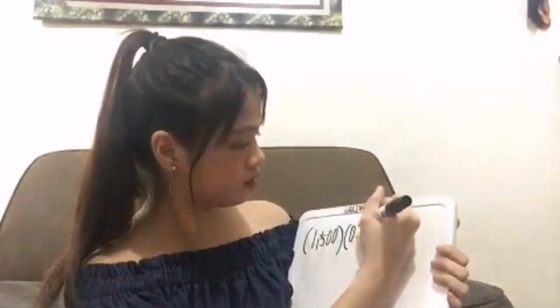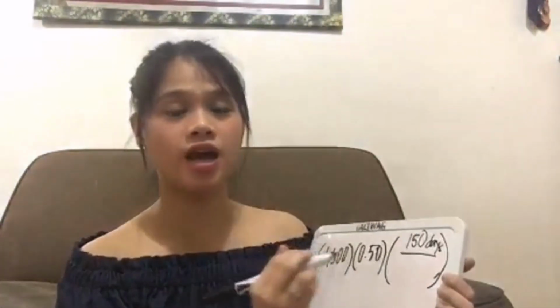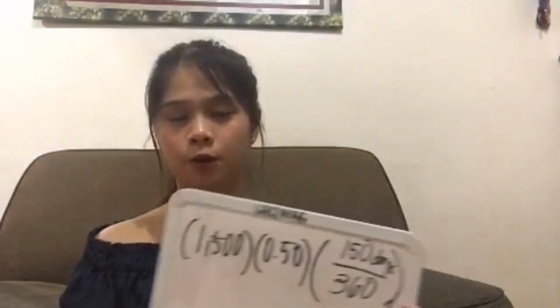And we have 50%, which is yun naman po yung rate natin. And i-convert po muna natin siya into decimal. So, magiging 0.50 na siya. And times the number of days, which is 150 days. And 360 na include na sa formula.